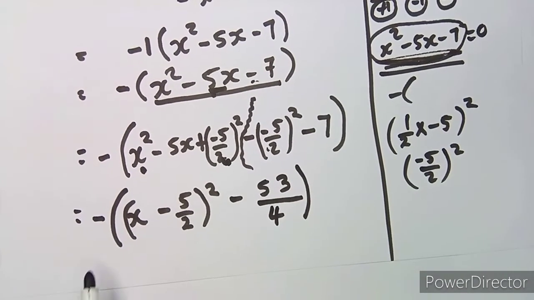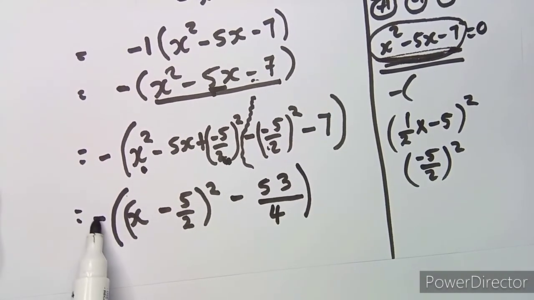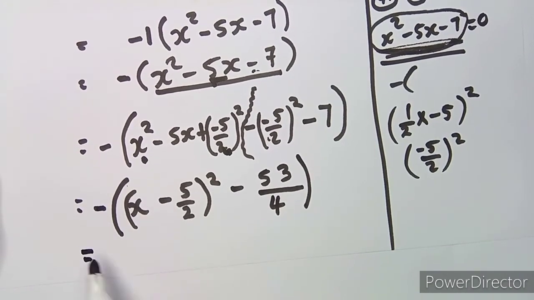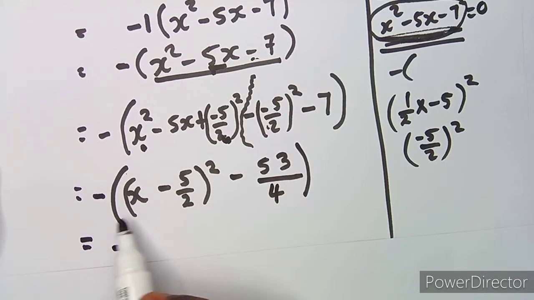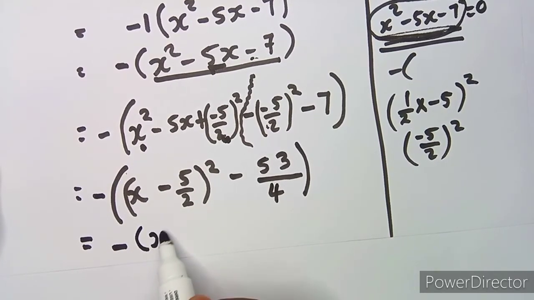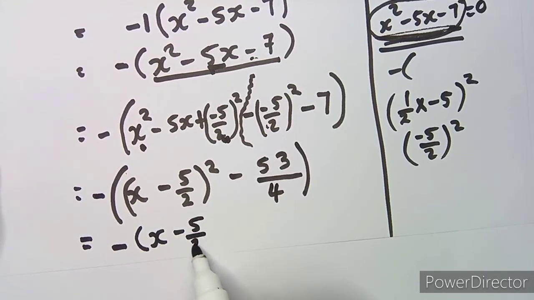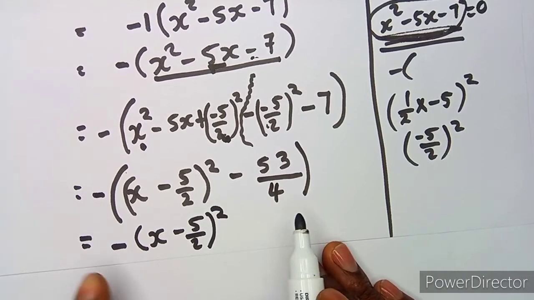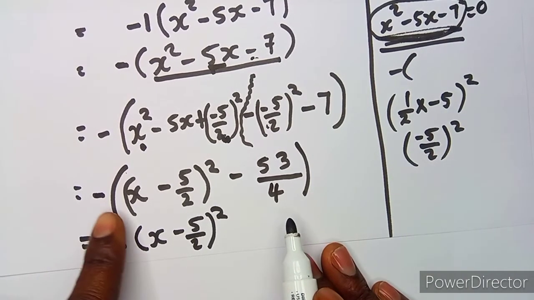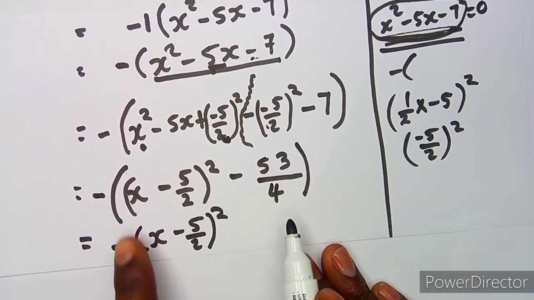But take note, guys, this is the bracket which is affected by the negative outside. So you expand by the bracket, which is going to be minus into x minus 5 over 2 squared. Take note, this minus has got no power to enter the bracket. There's a square, so just write it as minus times the bracket.